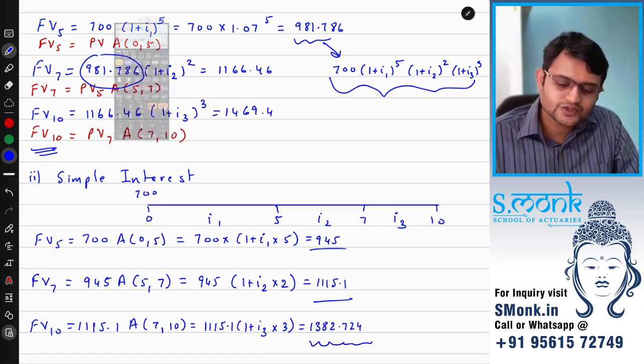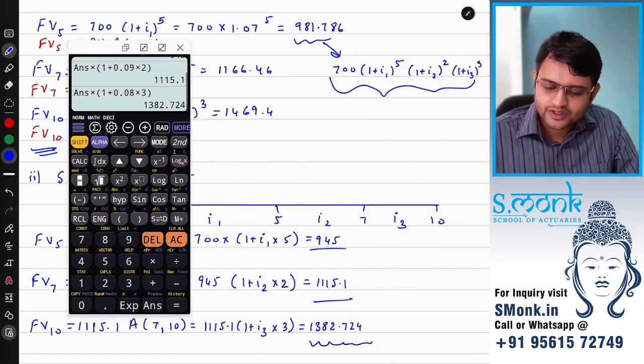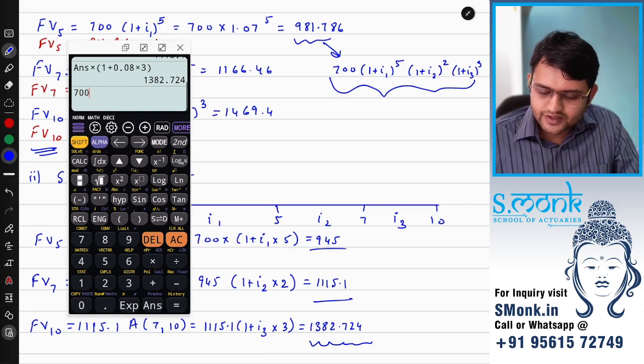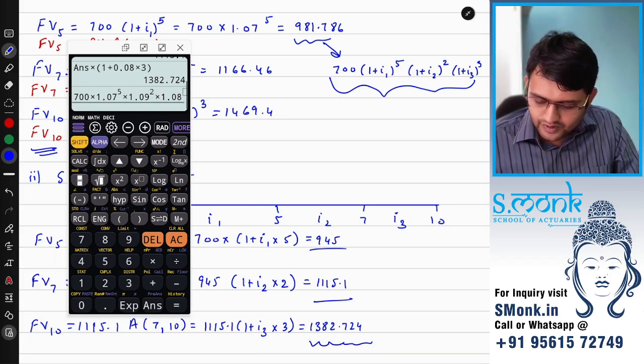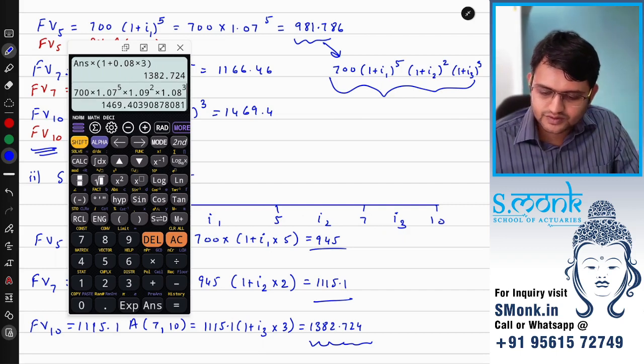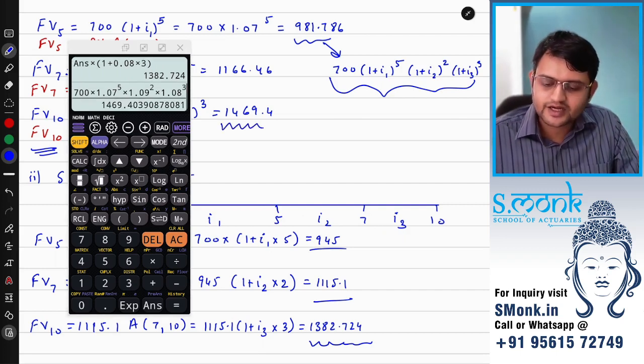You can directly do this calculation. I'll show you. If I had 700 into 1.07 for 5 years, into 1.09 for 2 years, into 1.08 for 3 years, you can see exactly the same value.